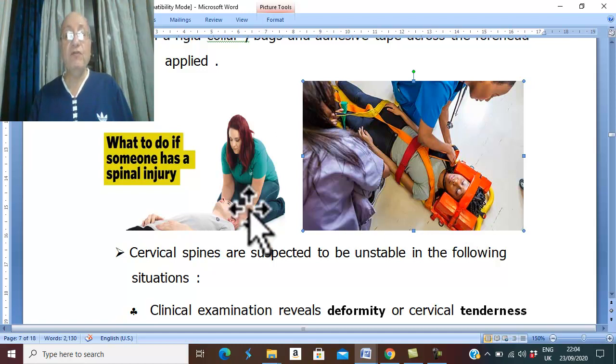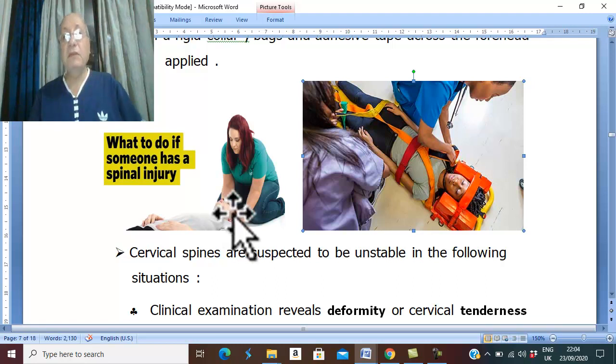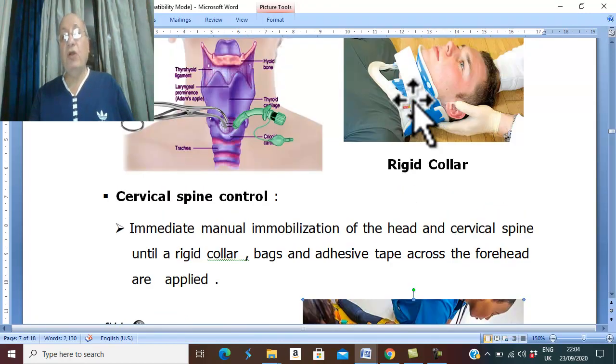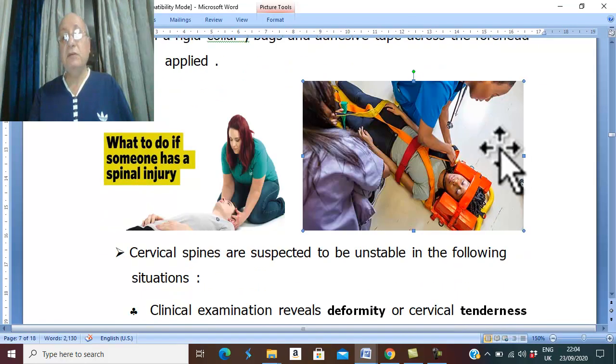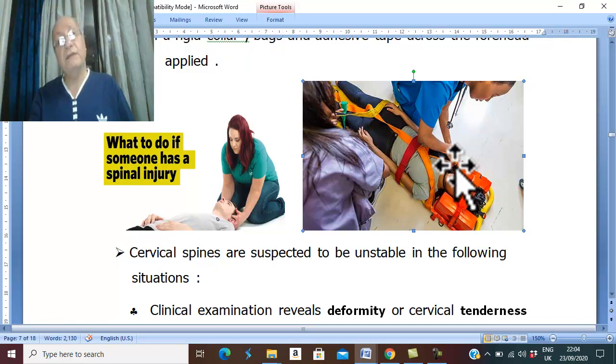Therefore, first of all, once the trauma occurs, manual fixation of the head until the rigid collar is applied. In addition, support the sides of the head with 2 bags and apply adhesive tape across the forehead to fix the head.